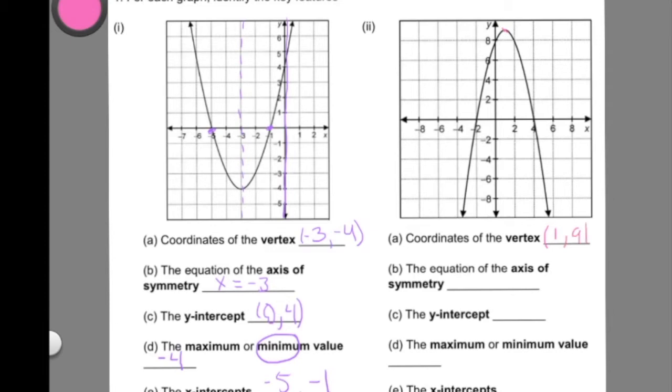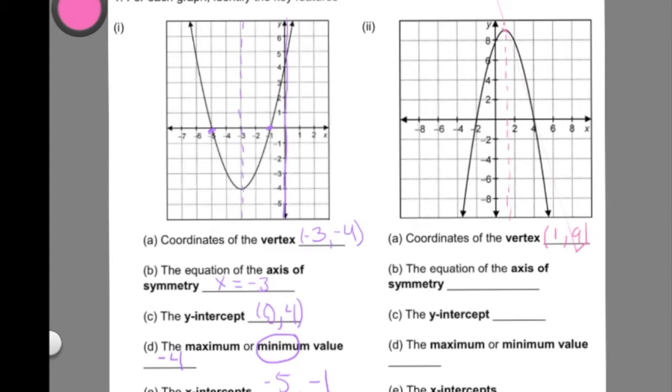The equation of the axis of symmetry. Remember, that's going to be that line that runs right through the center of the parabola. This is going really slow, so it's difficult. So we do this line to show our axis of symmetry.